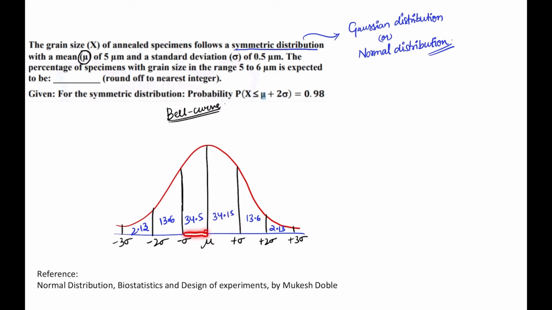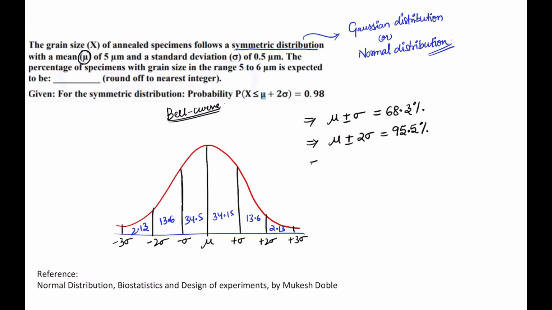Similarly, the data falling between mu minus sigma and mu is 34 percent. So the data falling within mu plus or minus sigma is 68.3 percent. Similarly, for mu plus or minus 2 sigma: this is 34.15 and 13.6, approximately 47.85, and if you take the overall range, it would be 95.5, doubling the number.